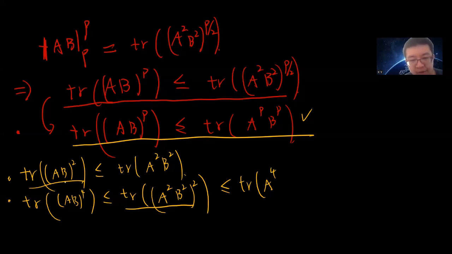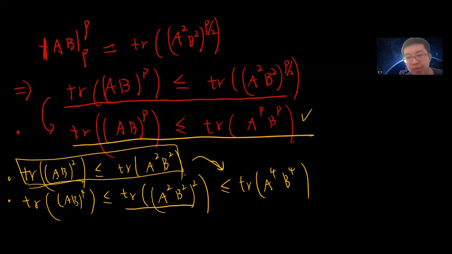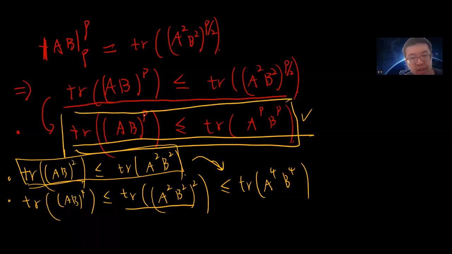So I can use the previous inequality and then replace A with A squared, B with B squared, and then with A to the fourth, B to the fourth. So you can keep iterating the previous inequality, and then you finally arrive here: trace of (AB)^P is less than or equal to trace of A^P B^P.